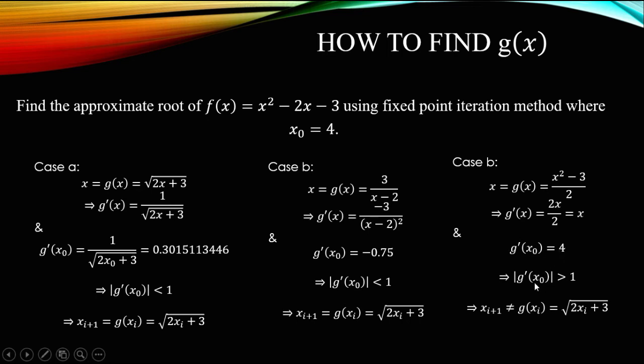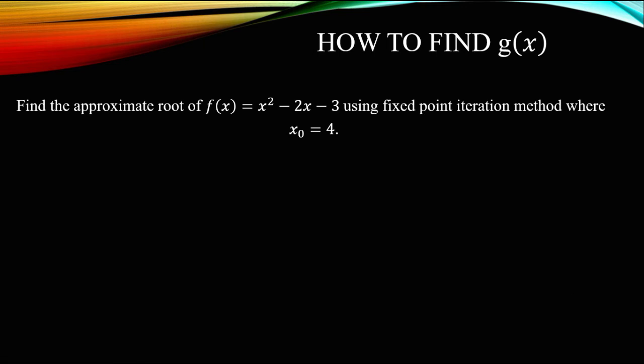The absolute value of g prime of x naught must be greater than 1, so it will diverge. So he will go toward another suspected system generating function. He will never proceed with his equation after getting this result.